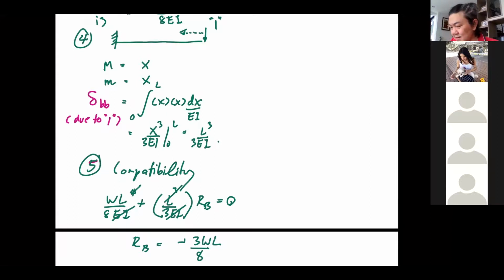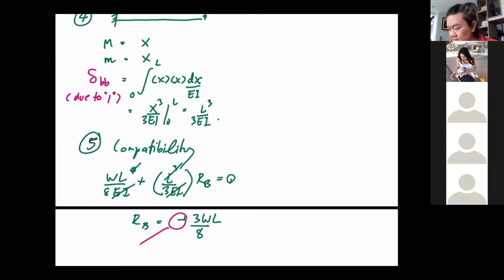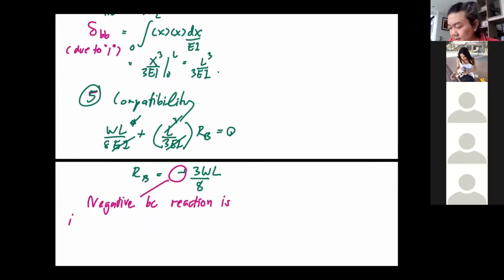This is negative because the reaction is in the direction opposite to my unit load.